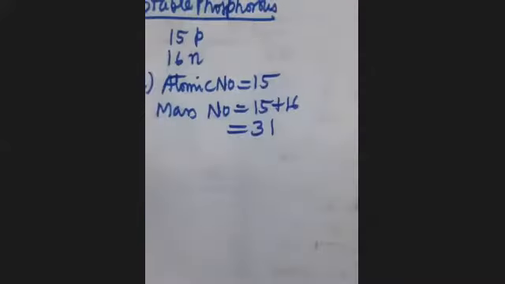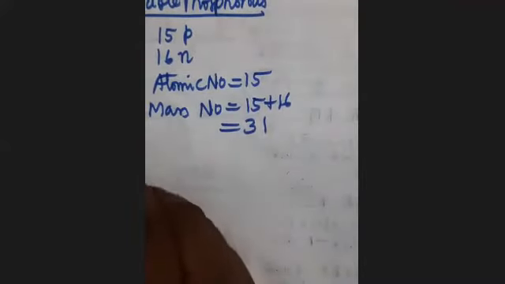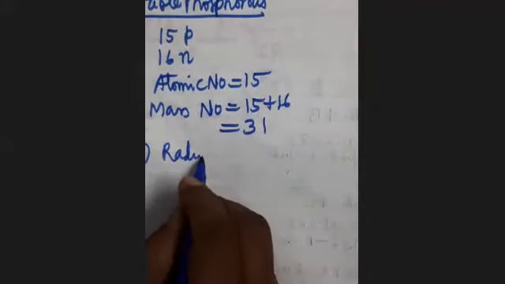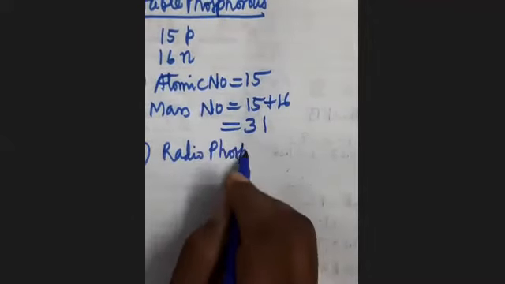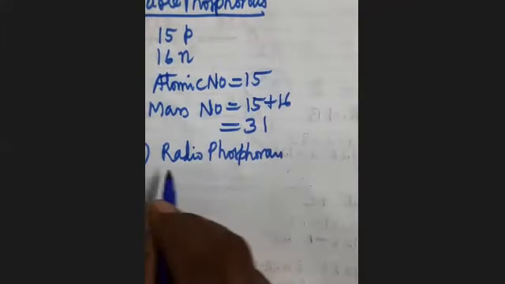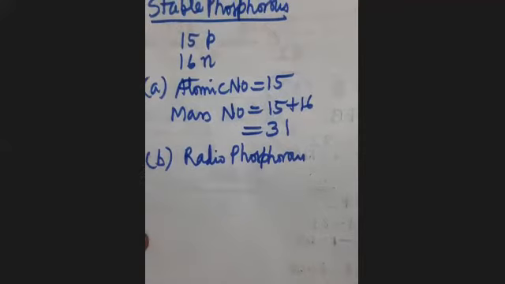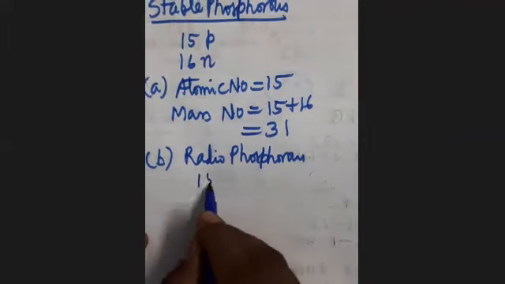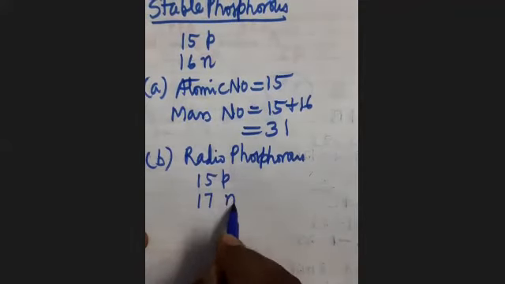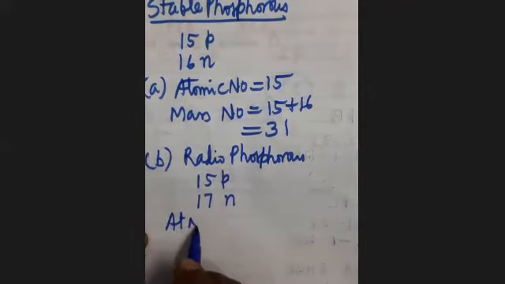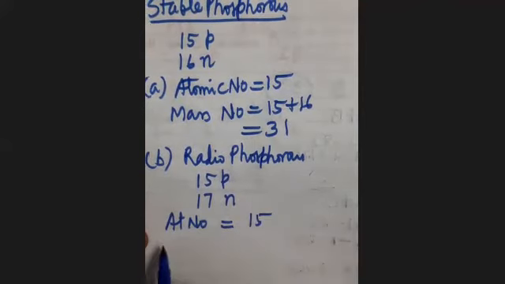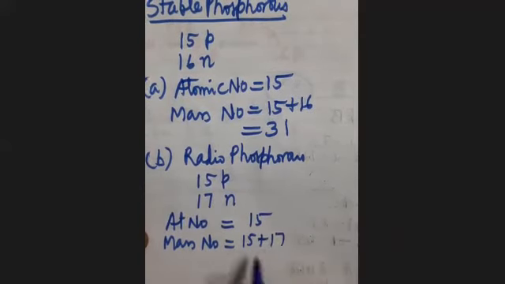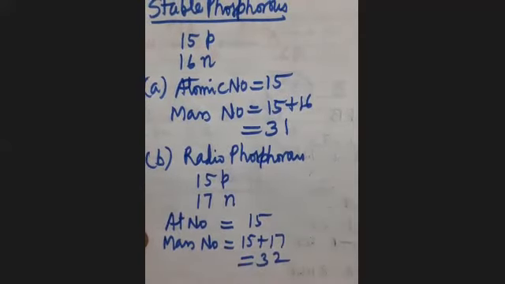Radiophosphorus means which can emit particles like alpha, beta, gamma radiations. What will be its atomic number and mass number? It is having 15 protons, 17 neutrons. So atomic number will be 15. Mass number will be 15 plus 17, that is 32.